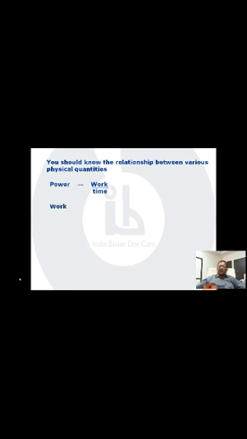Now, work is a multiplication of force into displacement, whereas force is measured as mass into acceleration. I can go ahead with this. Mass can be found out if you know the volume and the density by multiplying these two. So we know each and every physical quantity has a relationship with other physical quantities.